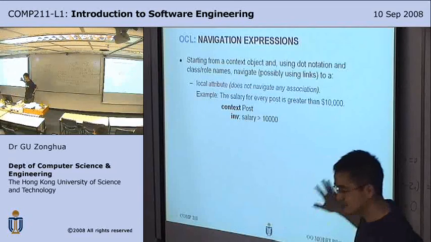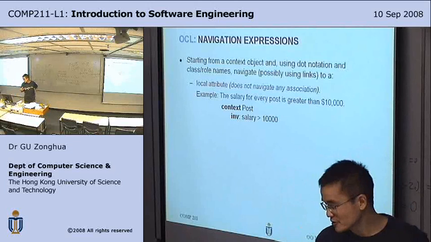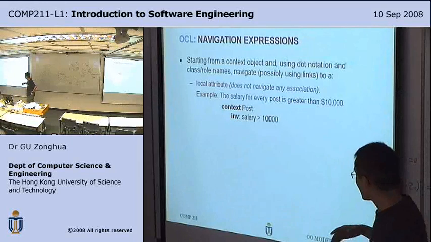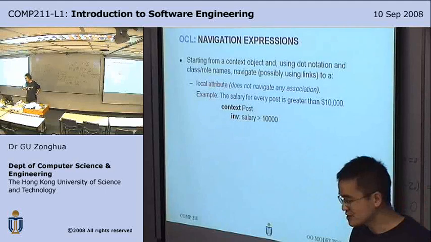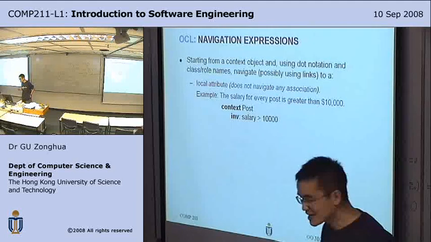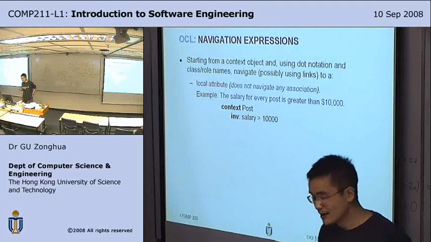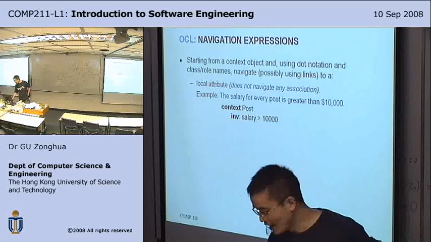So that's this notation. These two are equivalent. It's really a more concise notation if you only have local attributes. You don't have to specify the context name. Although you can do it, it's not wrong, but you can omit it.